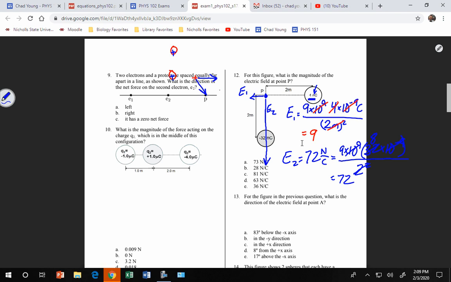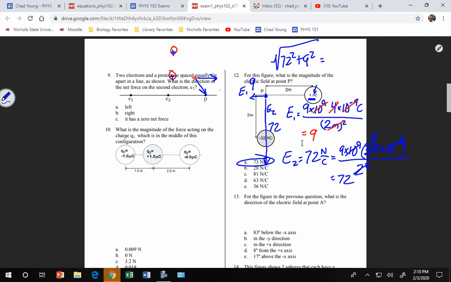So I have a 72 unit vector here and a 9 unit vector here, 72 and 9. To find the magnitude of that, I say the square root of 72 squared plus 9 squared. Look, I know it has to be 73. You know how I know that? I can do this and I'll get 73, but it has to be more than 72, so it can't be that, or that.